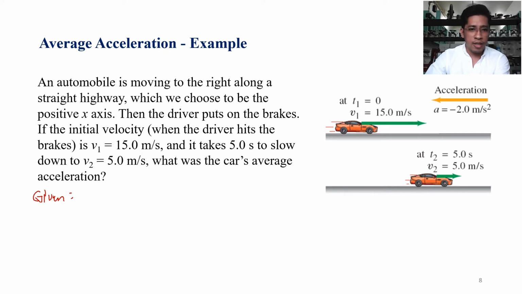We are given the initial velocity v1, which is equal to 15 meters per second, and v2, which is equal to 5 meters per second, and then lastly, we're given some time, 5 seconds. For this problem, our target is the average acceleration.